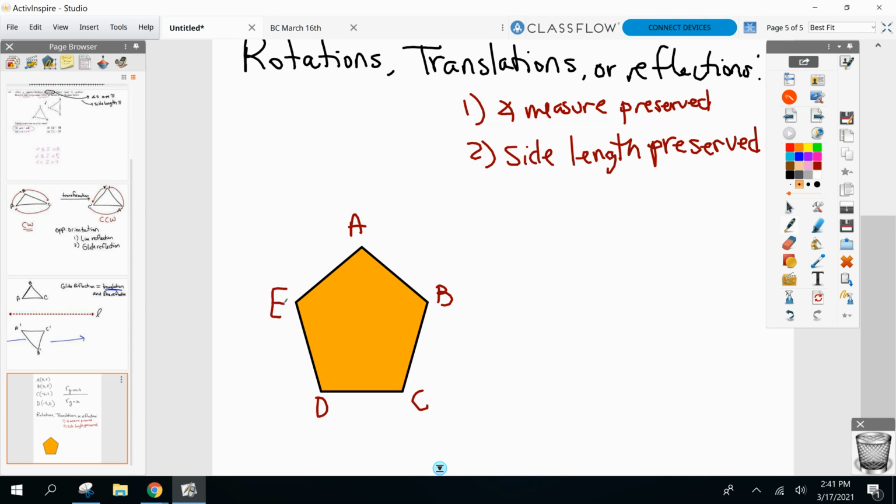What I would like to know is, can you find the minimum amount of degrees it would take to carry this pentagon onto itself? Meaning, what's the minimum amount of degrees I could rotate it and get this same pentagon in the same position back, that looks exactly like this, not tilted a little bit to the right or left, but looks exactly like that.